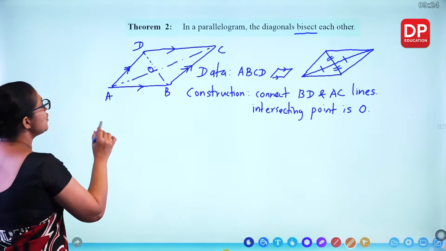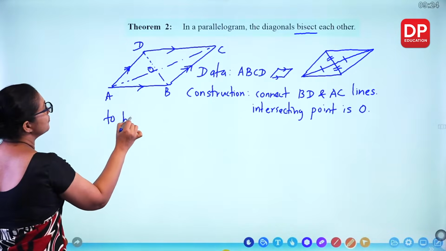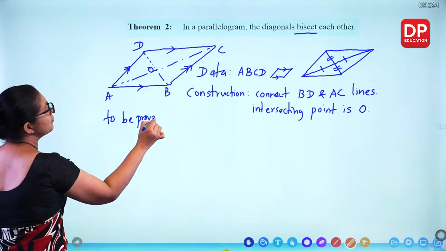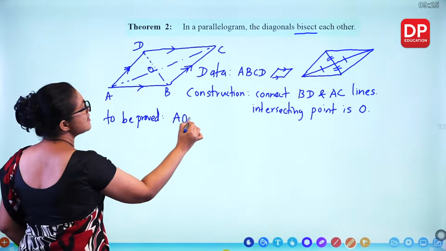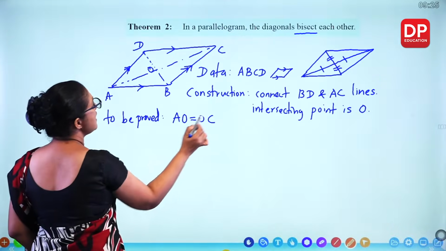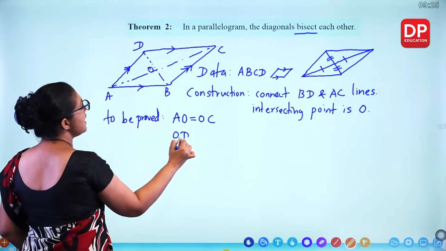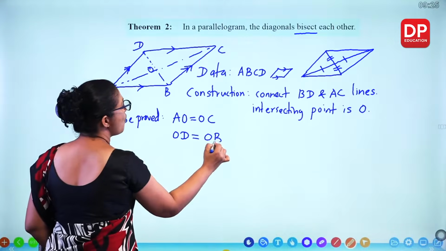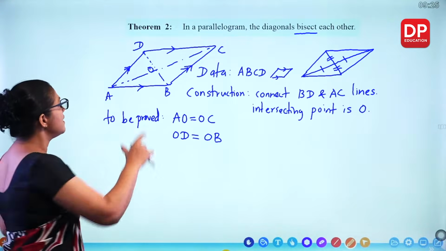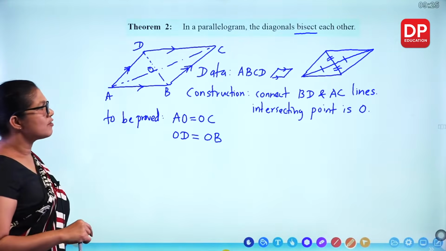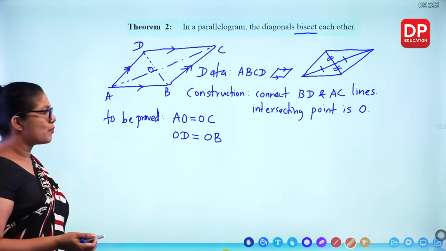Now we need to prove AO length is equal to OC as well as OD length is equal to OB, because when it's bisecting, that means these lengths are equal. So that's what we need to prove.